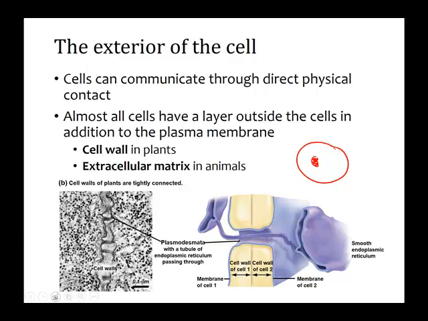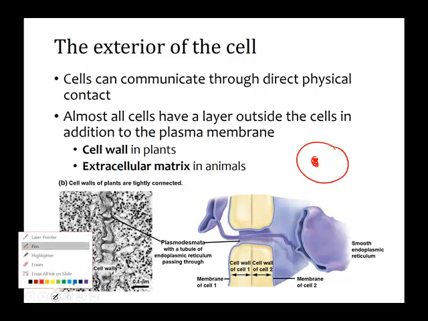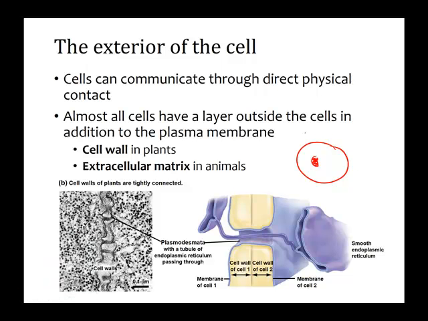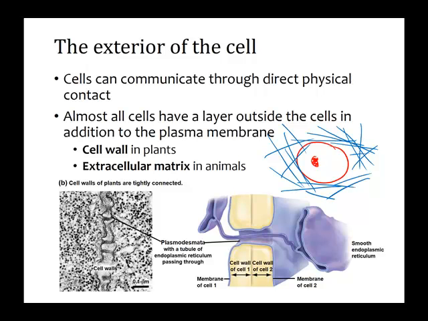In addition to the cell membrane itself, we can also have an additional series of fibers and supportive structures that support and enmesh the cell. And in animals, these extra supportive structures are collectively known as the extracellular matrix. A lot of times you'll see it shortened to ECM.